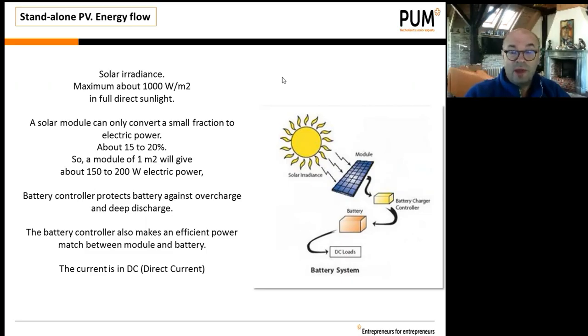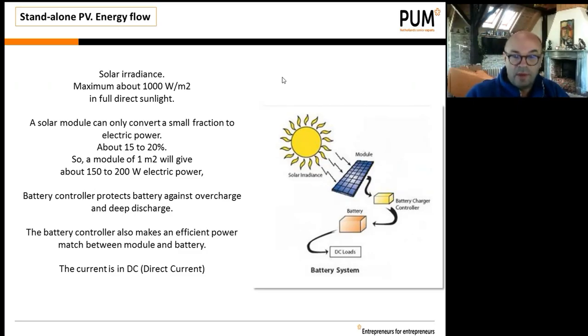Next to that, you have a battery controller, because the module is connected to the battery, and you need an electric device to protect the battery from overcharge. The controller controls how much energy is coming out of the module, so as not to overcharge or deep discharge the battery, because if you deep discharge, the battery is going to break.